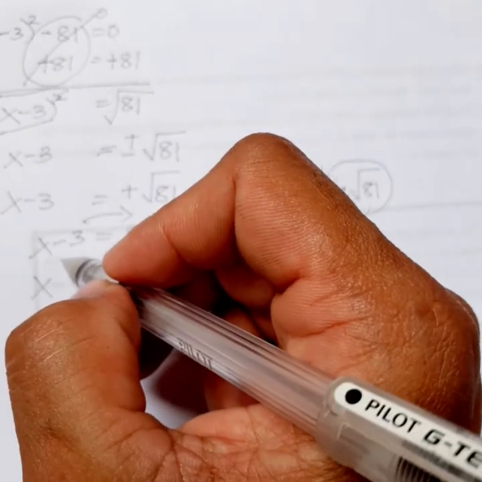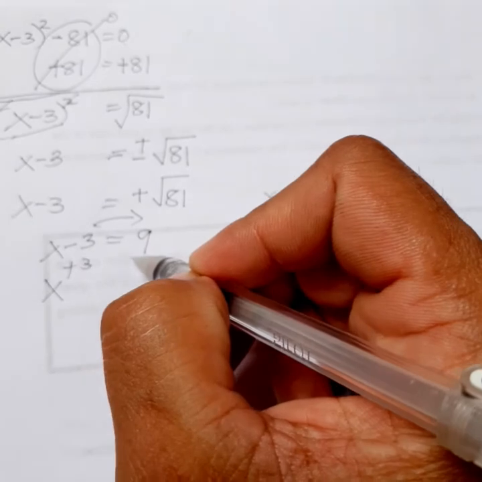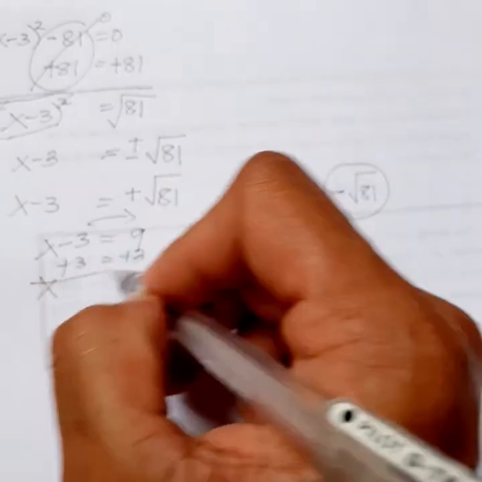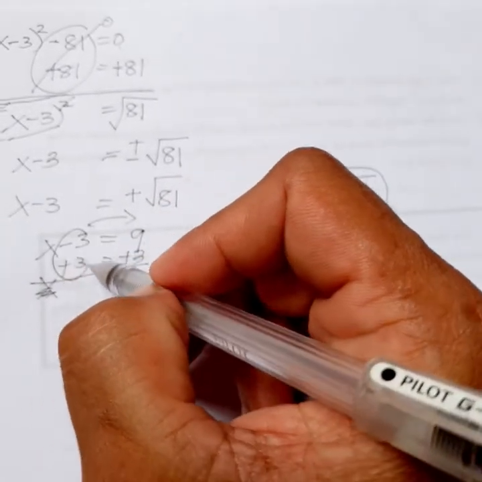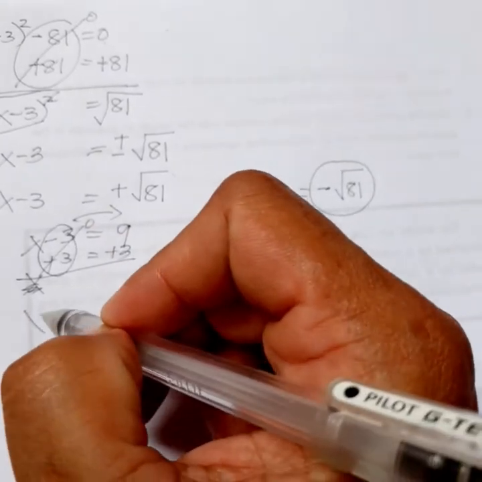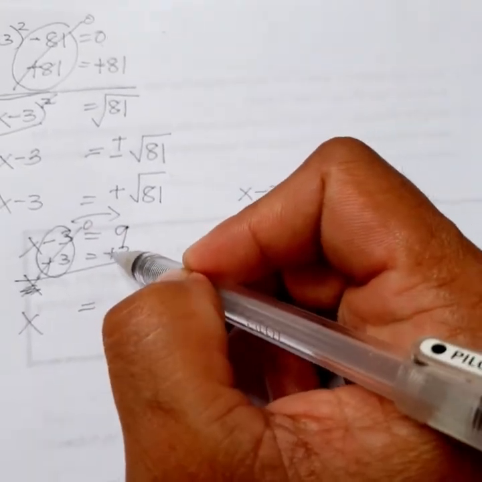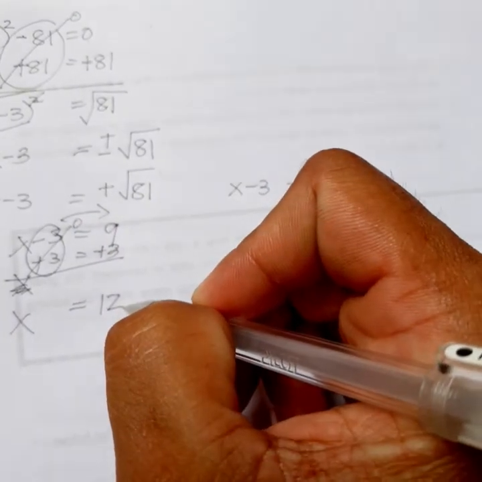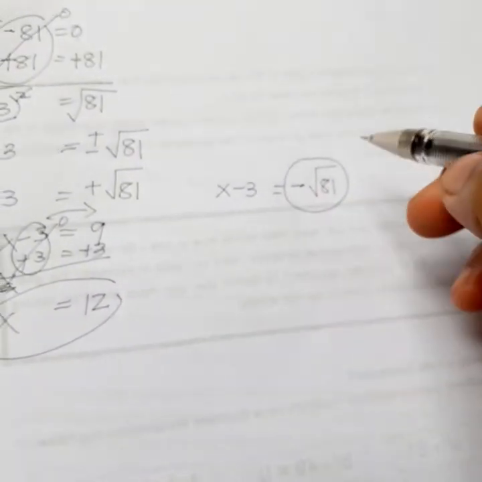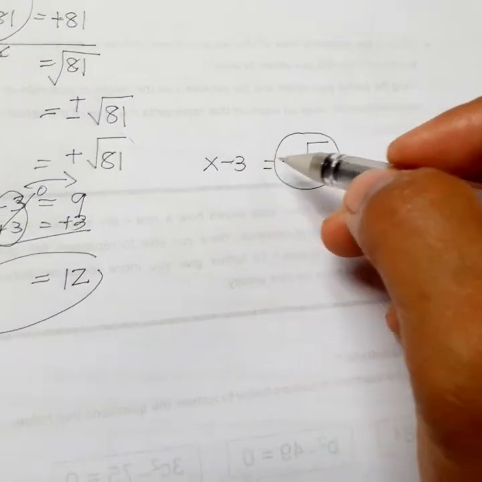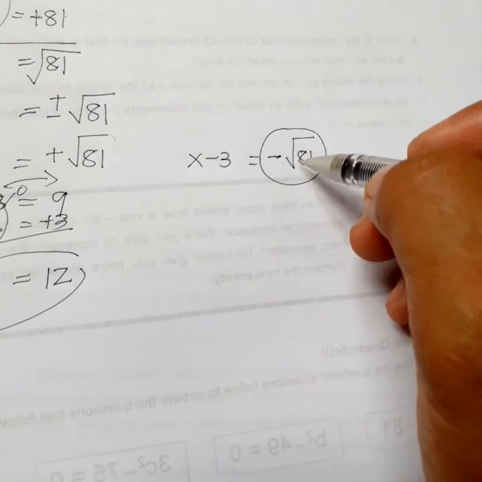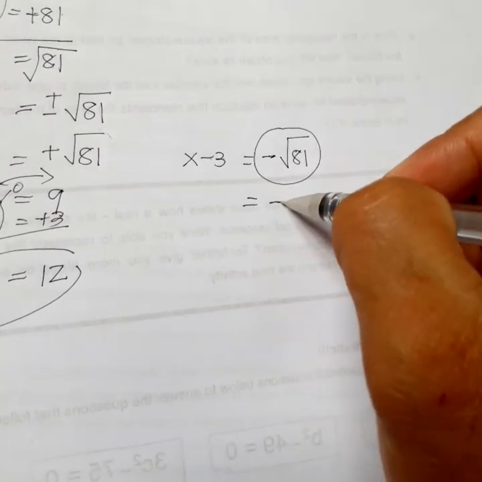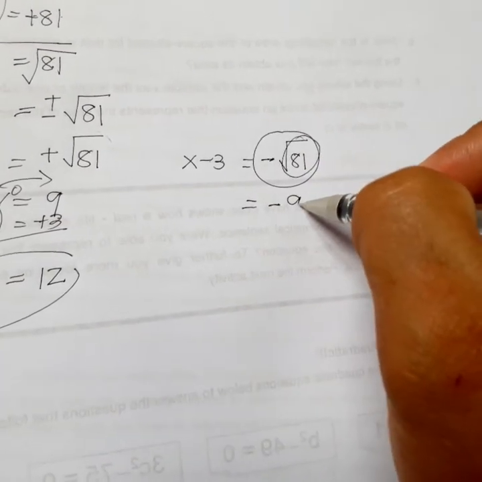Then x, we have plus 3 equals plus 3. So x is equal to 9 plus 3, we have 12. Then next, x minus 3 equals negative square root of 81, which is negative 9.